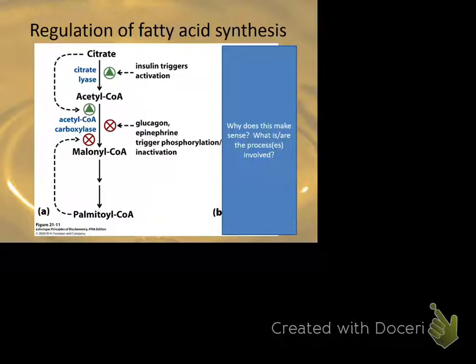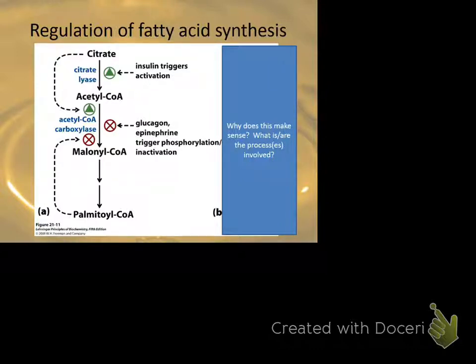Epinephrine, why would epinephrine cause a phosphorylation? Why would epinephrine do this? Under what circumstances do we need epinephrine? You're running from the bear, which once again, if you're running from a bear, you need to go downhill. Okay. Or down a speed bump. Yeah.